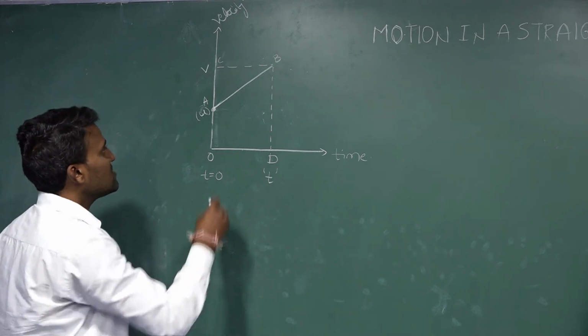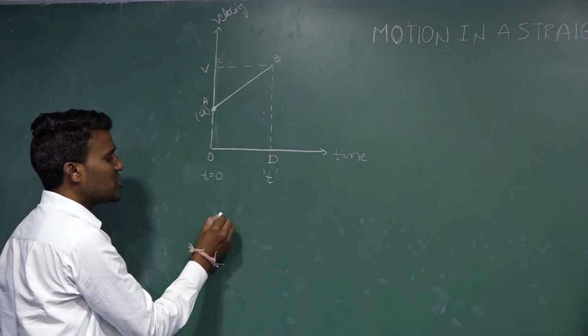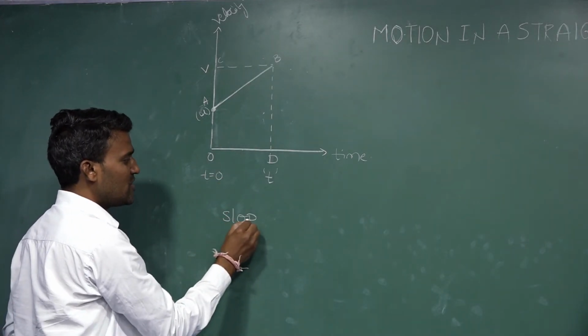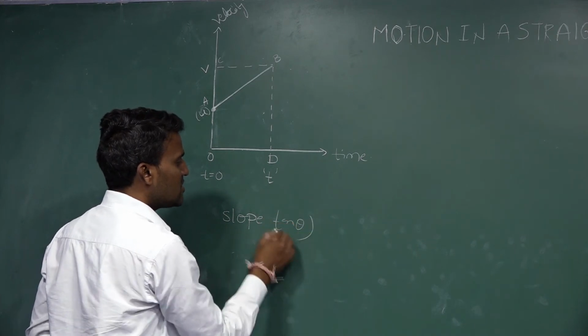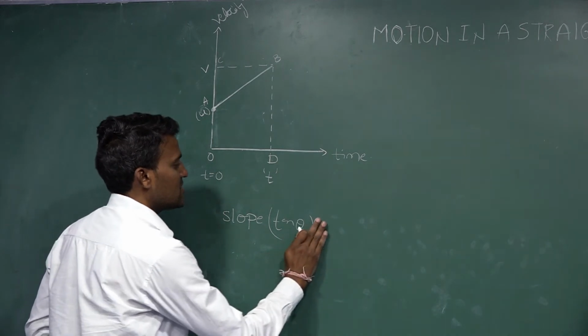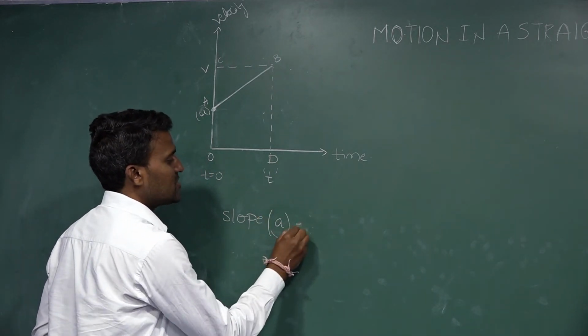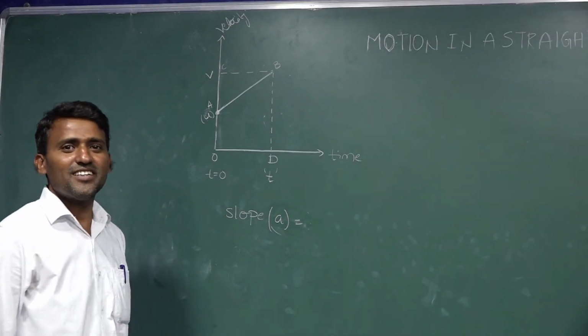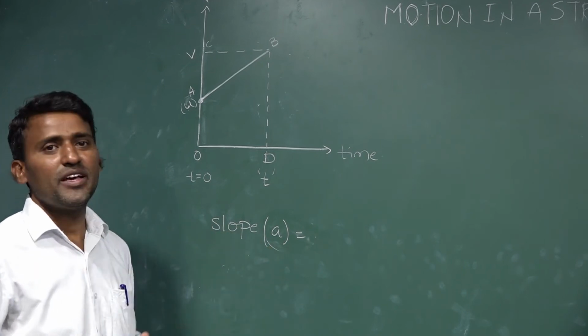Now I am taking this slope. What is the slope equation? Everyone knows the slope is nothing but tan theta. Here, for your understanding, slope is nothing but a, and I will tell you very clearly why I am writing a.